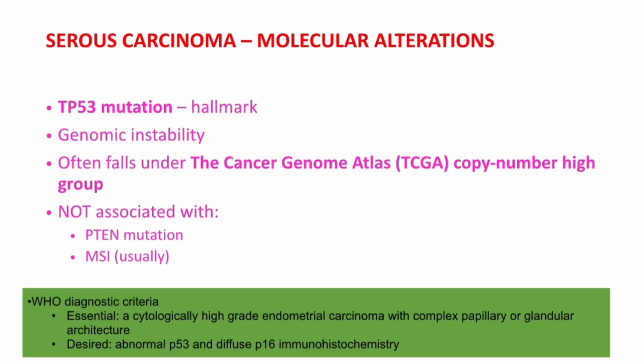Second is TCGA, The Cancer Genome Atlas, which shows the copy number high group with genomic instability, and this is not associated with PTEN mutation and microsatellite instability, which are generally associated with endometrioid carcinoma.